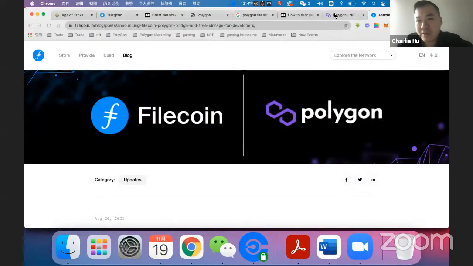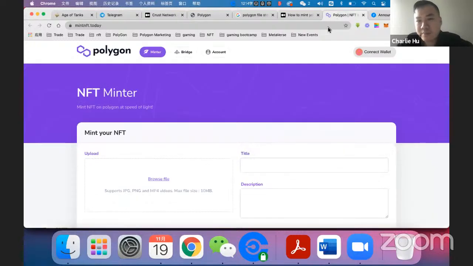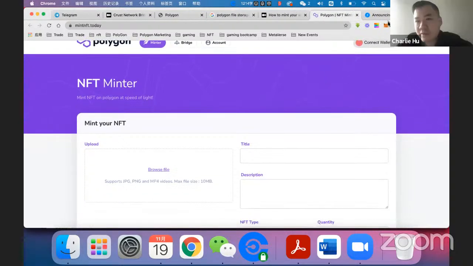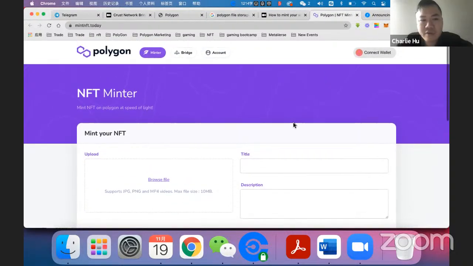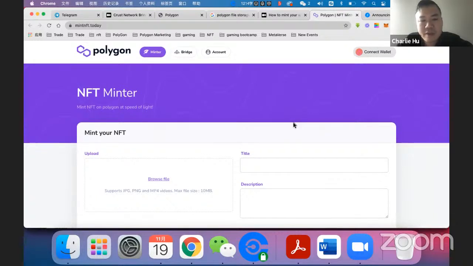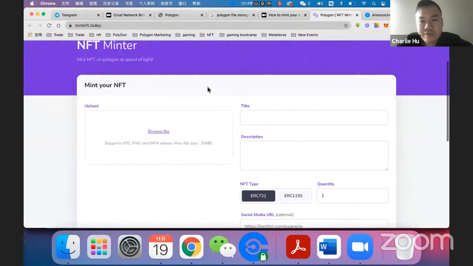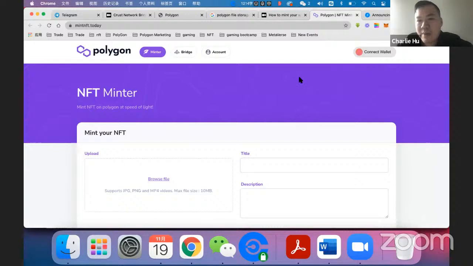We actually have a few tools as well, like this one. Can you see this? Yes. Okay, great. So this is one of the tools built by the internal product team at Polygon as an NFT minter. As you can see, it's pretty straightforward. You connect to your MetaMask on the Polygon network and have the bridges.